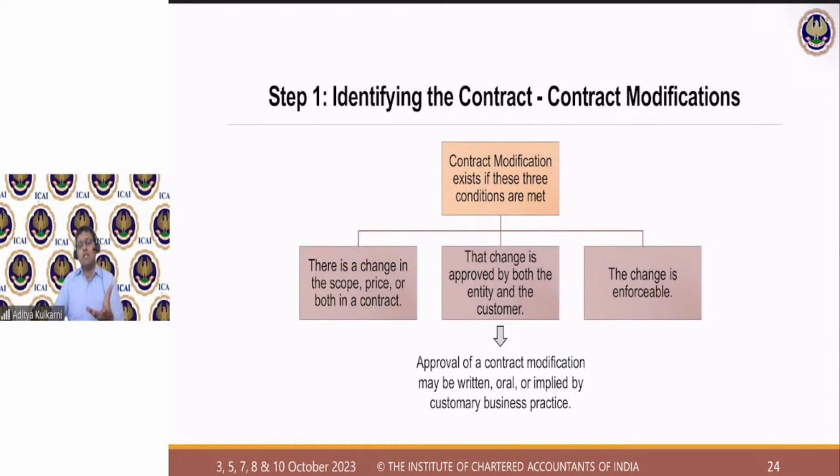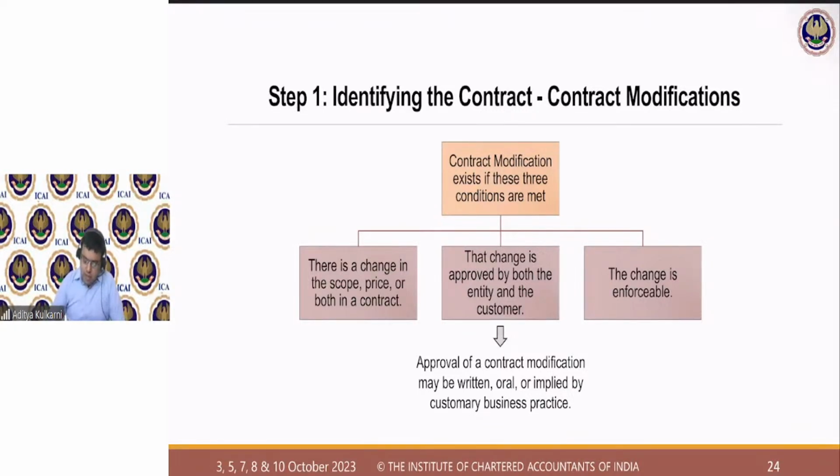You come across Ind AS 116 on leases, it takes you to a whole new world after all. So all these cases do not only require you to learn the concepts, they require you to unlearn what you have already learned. Okay. So that is something you have to be very mindful of. So unlearn and learn and relearn, that is the way ahead.